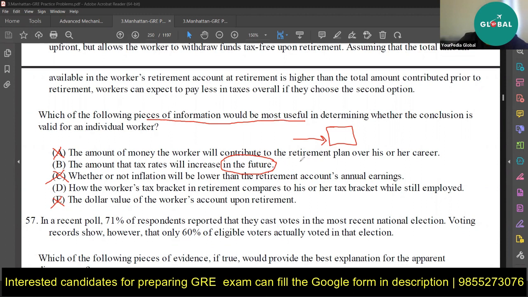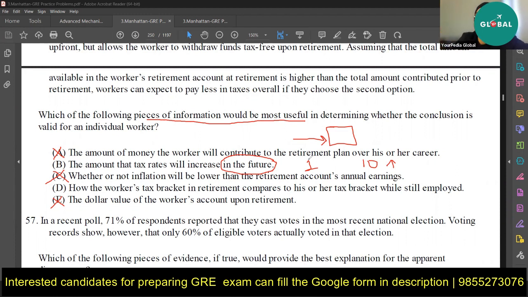So let us say the worker is employed for 1 year, and I'm saying that for the first 9 years the tax rate will be the same, but in the 10th year the tax rate is increased. But it says the amount that the tax rate will increase in the future. In the future is a very vague term. I'm saying in the 10th year, the tax rate is this one.